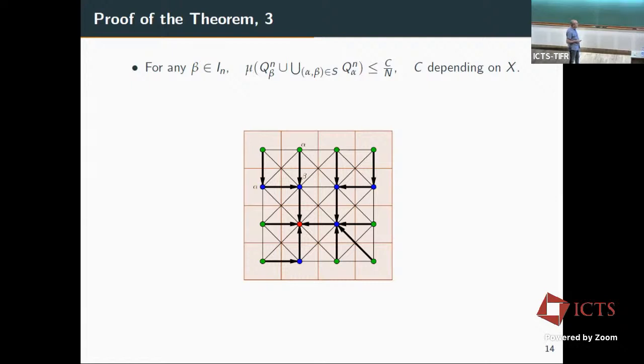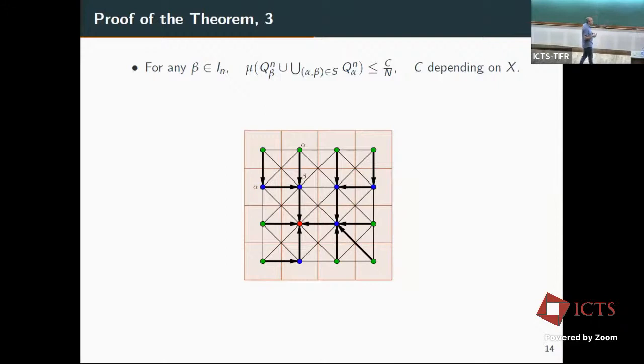And this is because we said that all these cubes are contained in the neighboring balls, and those are contained in the ball centered at beta with a triple radius.